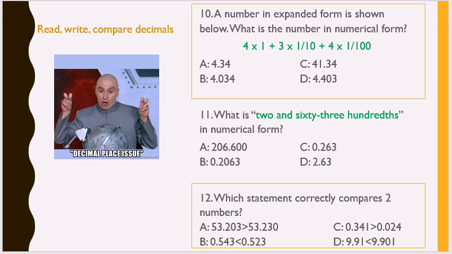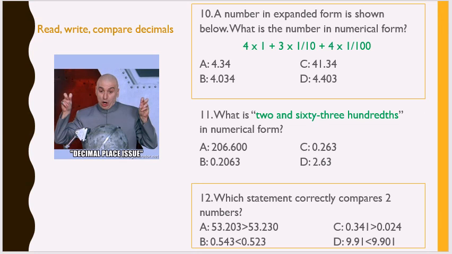Which statement correctly compares two numbers? A, 53.203 is greater than 53.230. B, 0.543 is less than 0.523.